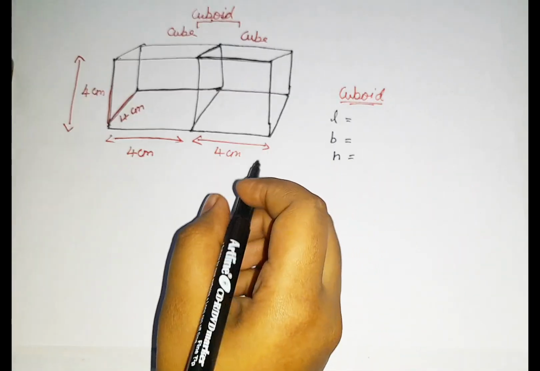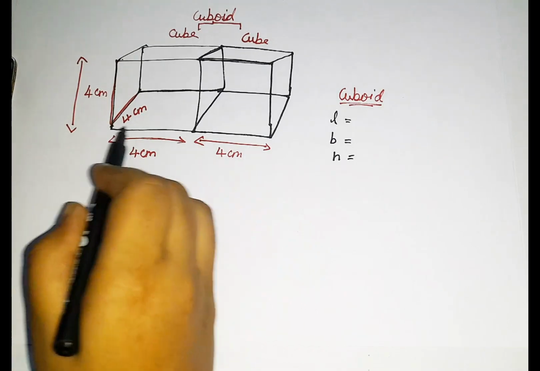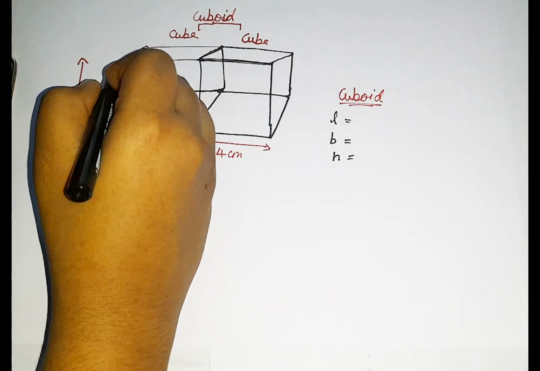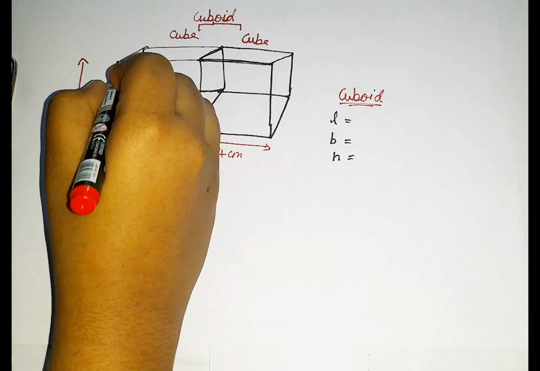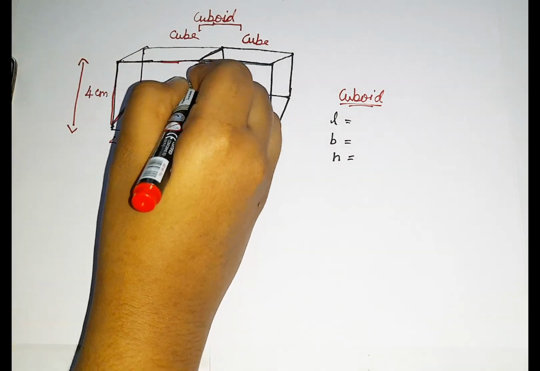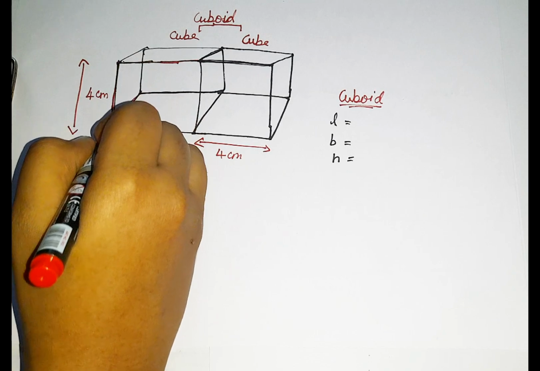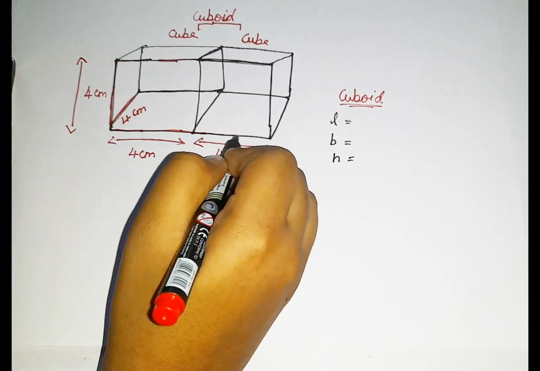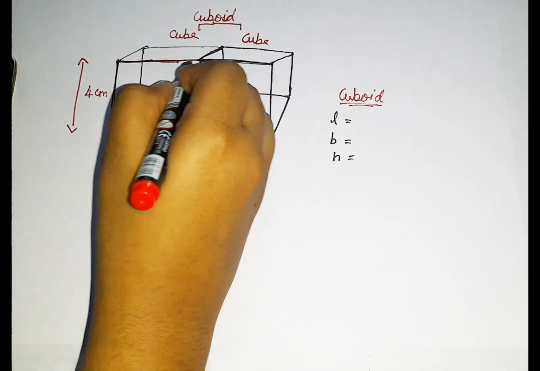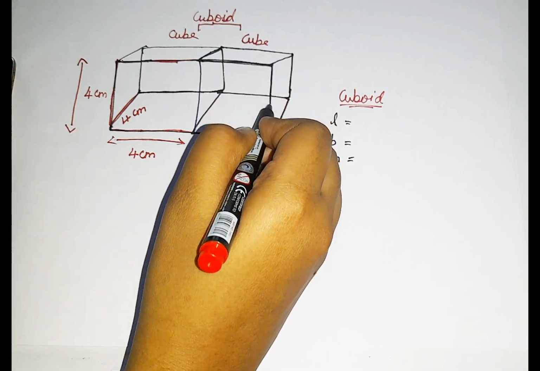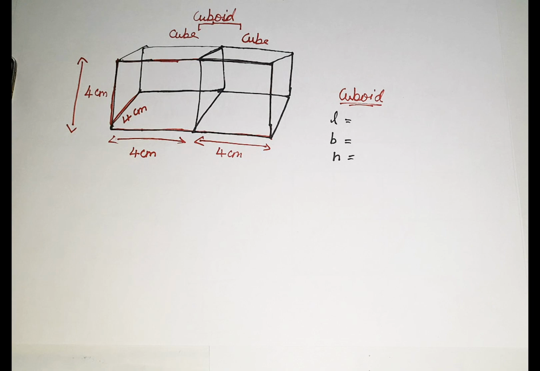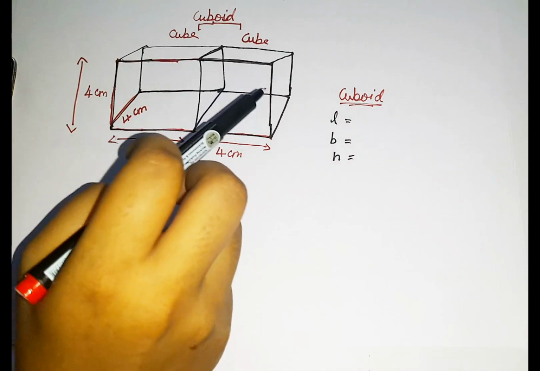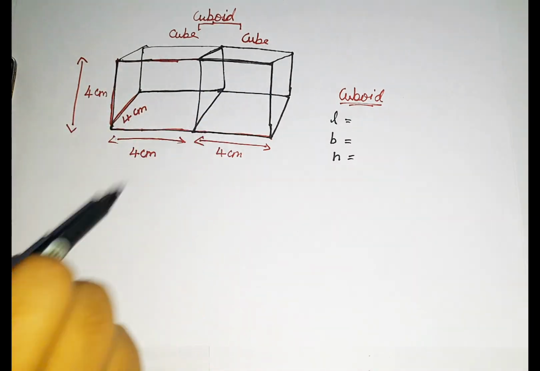Now we are supposed to find the complete thing, I mean the cuboid. The cuboid means this complete whole figure. I'll just mark it like this, then you'll understand. This is representing the complete figure. The complete figure is a cuboid.